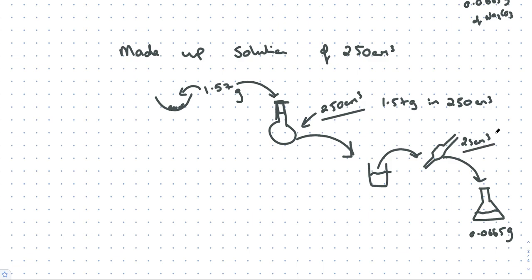I took a tiny slice of the 250 centimeters cubed. So if 0.0665 grams is in the 25 centimeters cubed, to scale it back up to the size it is originally in the volumetric flask, we have to multiply it by 10.